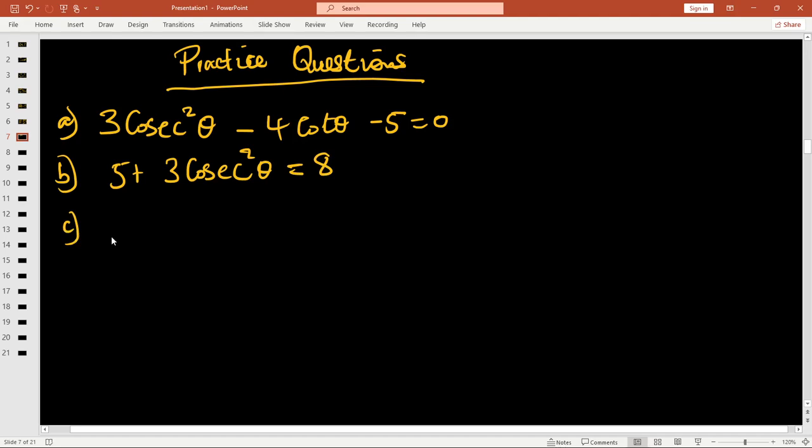Then C: 4 minus 7 sin theta equal to 0. Okay, so you notice that I've covered all the cases that we've looked at today.